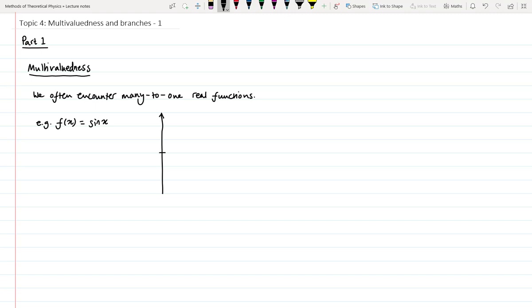Let's mark a few values of interest. So we might have minus 2 pi, minus pi, 0, pi, and 2 pi. These are the values of x, which are the domain of the function, or the input. The output can also be depicted as a real number line.